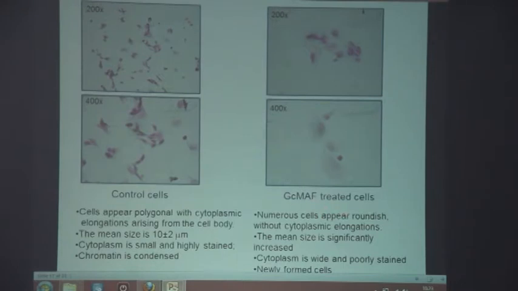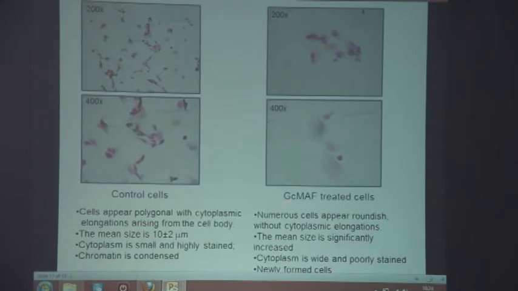In the GcMAF-treated cells, we can see that numerous cells appear roundish without cytoplasmic elongation. The mean size is significantly increased. The cytoplasm is wide and poorly stained.